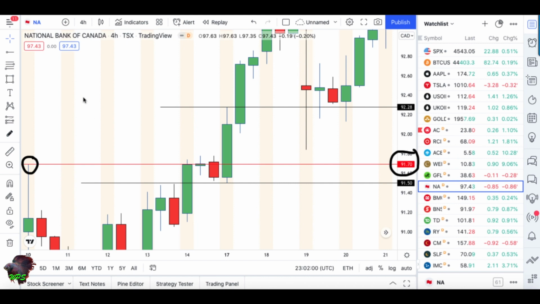So in this example we have a resistance, we have a breakout with the bar that engulfed two previous bars here, okay?